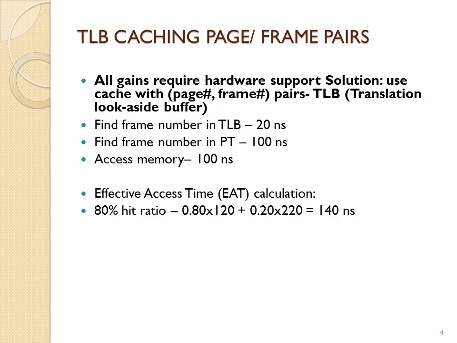You might say, why is that 220? Well, it takes 20 to check the TLB, it's not there, then 100 to check the page table, it is there, and then 100 to do your memory reference. When you have a TLB hit, it only takes the 20 for the TLB and the 100 for the memory reference. When you have a TLB miss, it takes the 20 for the TLB, the 100 for the page table, and the 100 for the memory reference.